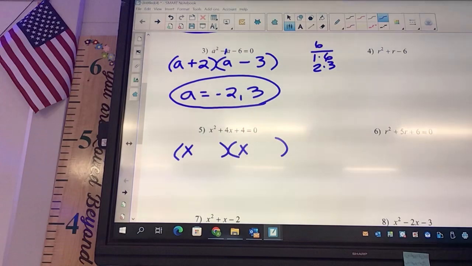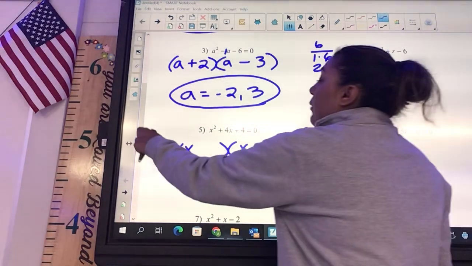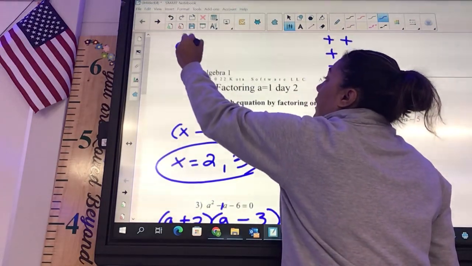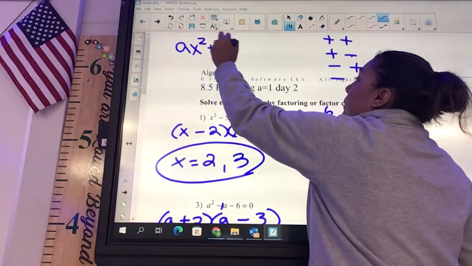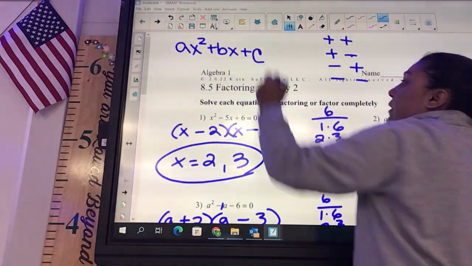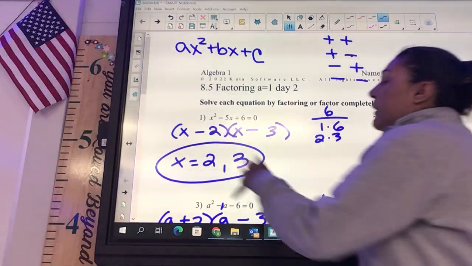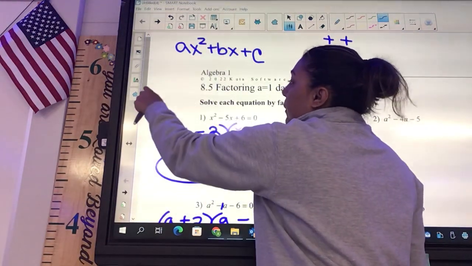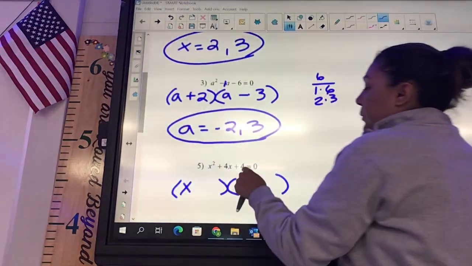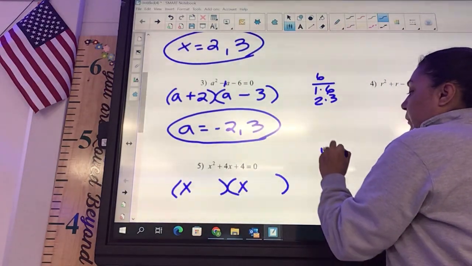Okay, so we wrote this equation out. ax squared plus bx plus c, right? We always find what letter? C, okay? And then they add up to be b, that middle one. Okay, so it's really this 4 that we're talking about.